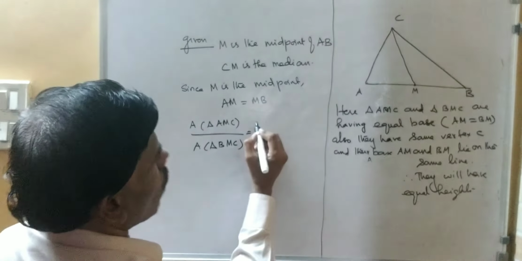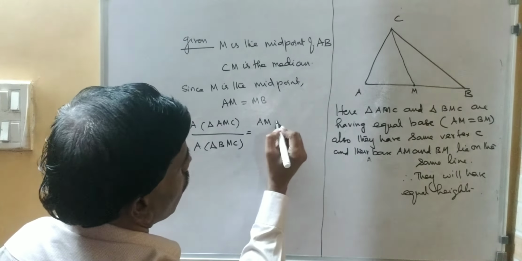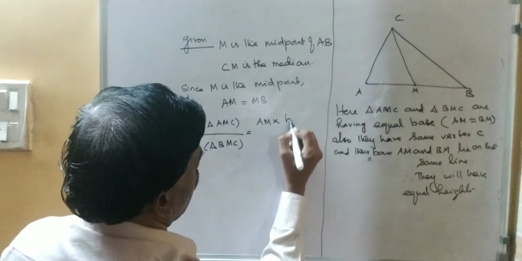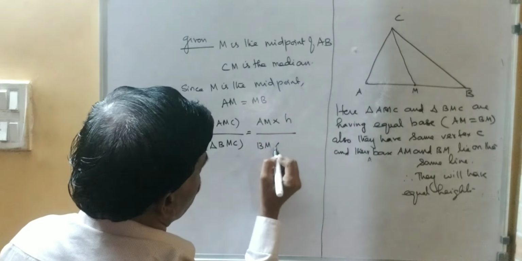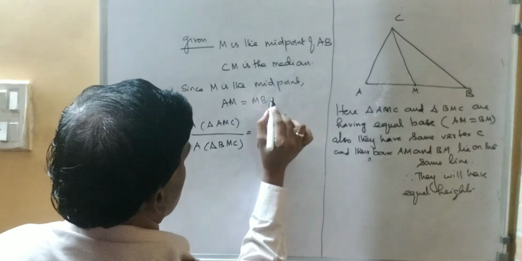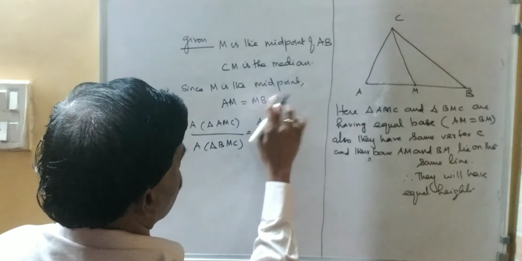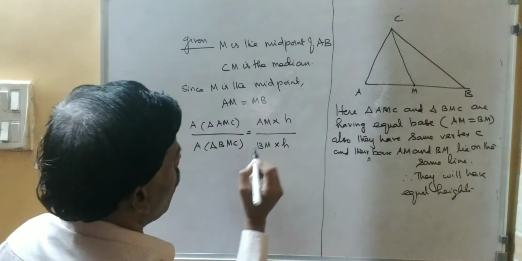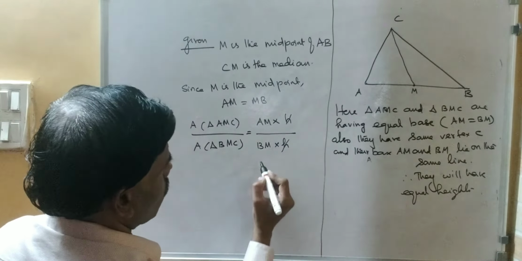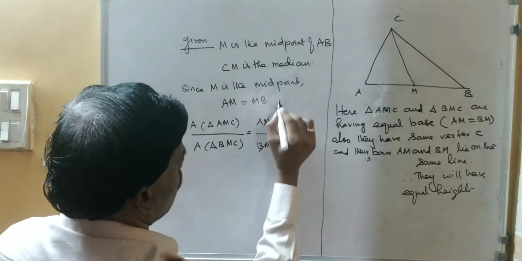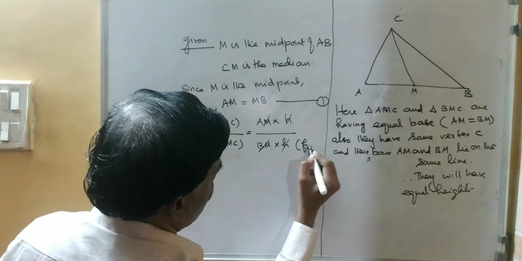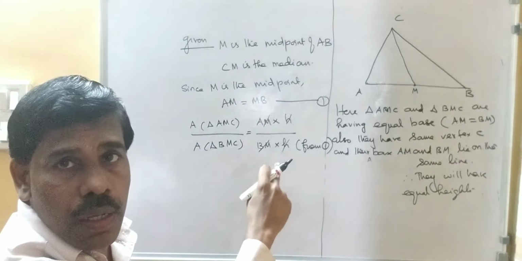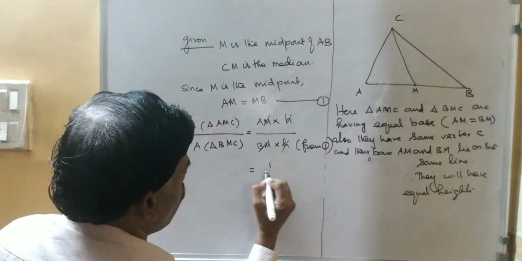Okay. Now, what is the base? AM into height, equal heights, equal height only, H. Here BM, so we can say equal to, now listen very carefully, this will get cancelled and AM, BM get cancelled. Why? AM is equal to BM only. So this is 1 upon 1.